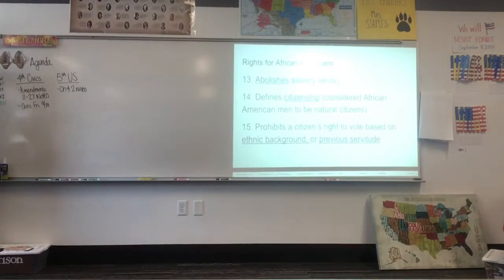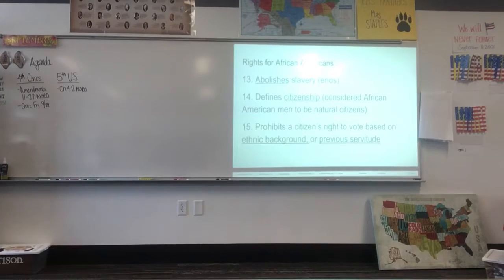Okay, amendments 13, 14, and 15, these were written as rights for African Americans, okay? So, again, that might be a question. Which amendments gave rights to those following the Civil War? 13, 14, 15. So, Amendment 13 abolishes or ends slavery. Amendment 14 defines citizenship.